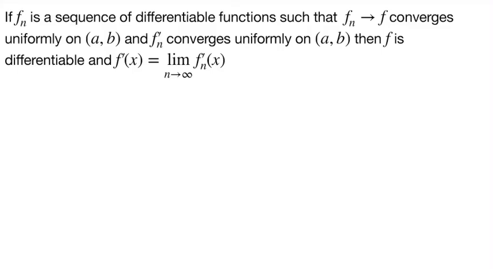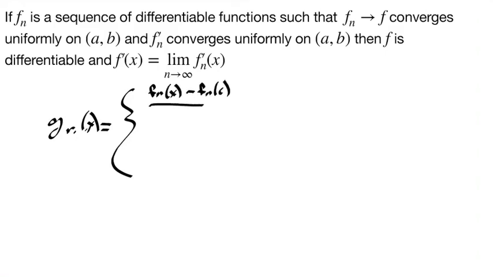The big idea of the proof is that we have our function fn, and we're going to compare that function to another function gn. And gn is written piecewise: we're going to write it as fn of x minus fn of c, divided by x minus c, if x is not equal to c.